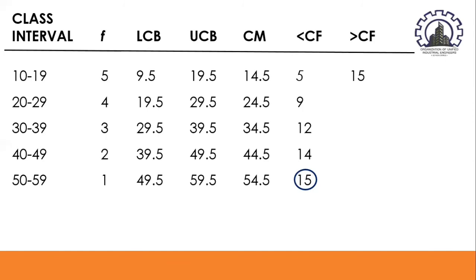And then the next thing you need to do is deduct 5 from 15, so you get 10. And then 10 minus 4, you have 6. And then 6 minus 3, you have 3. 3 minus 2, you have 1. So that's how you calculate the value of your greater than CF.